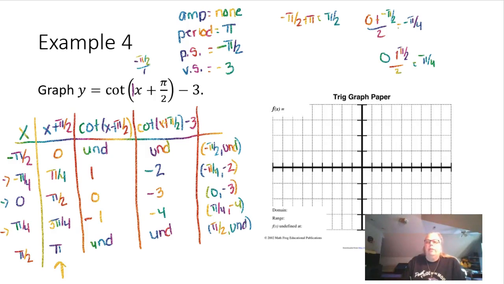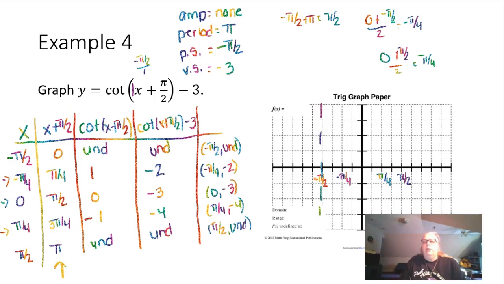All right, let's graph this thing. We'll call this negative pi over 4 right here. And this one can be negative pi over 2. And this one can be positive pi over 4 and positive pi over 2. Negative pi over 2, undefined, that meant asymptote, so let's draw that guy in right here.